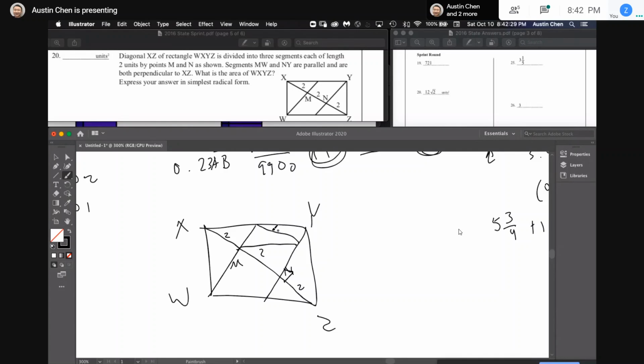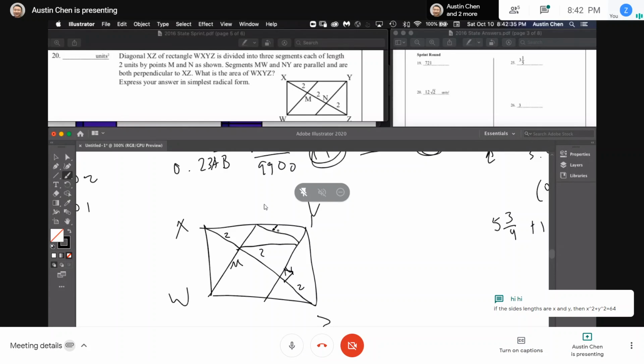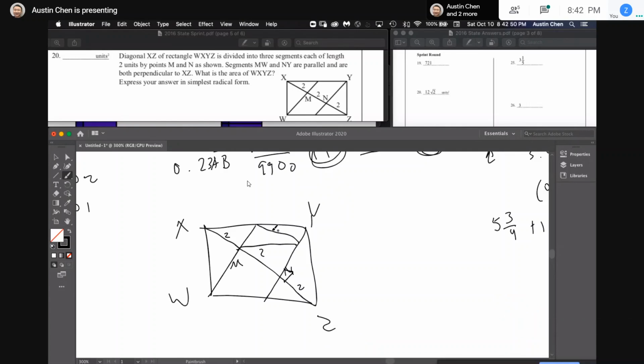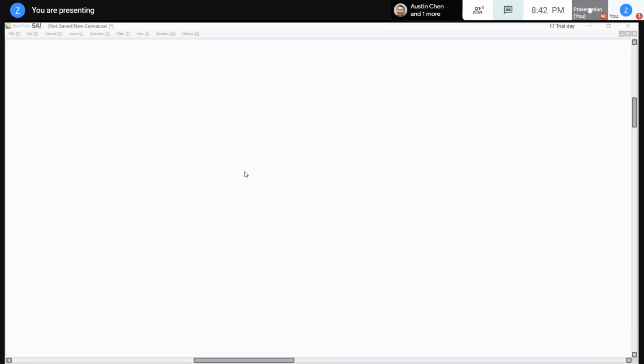I don't understand. The angles of the triangles. Do you want to write it on your whiteboard? Okay, sure. Let's do that.